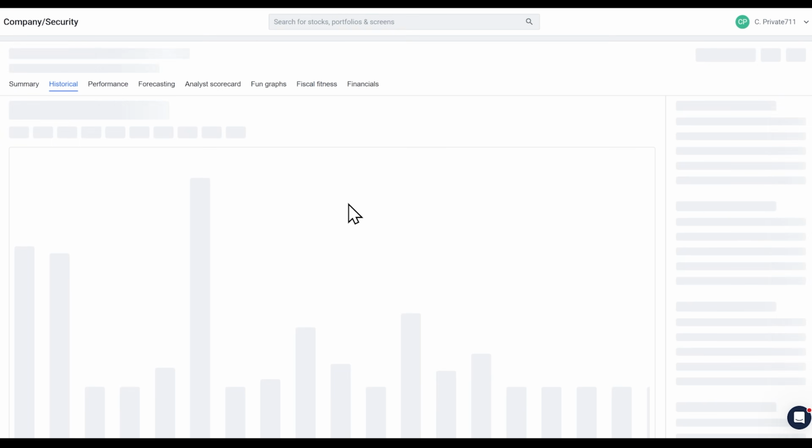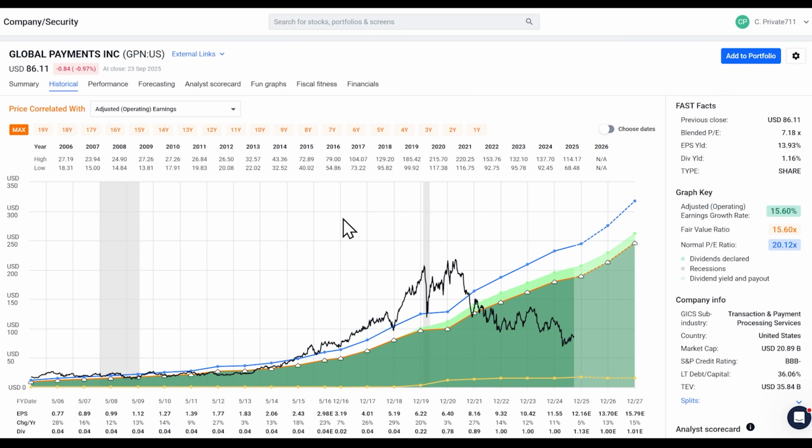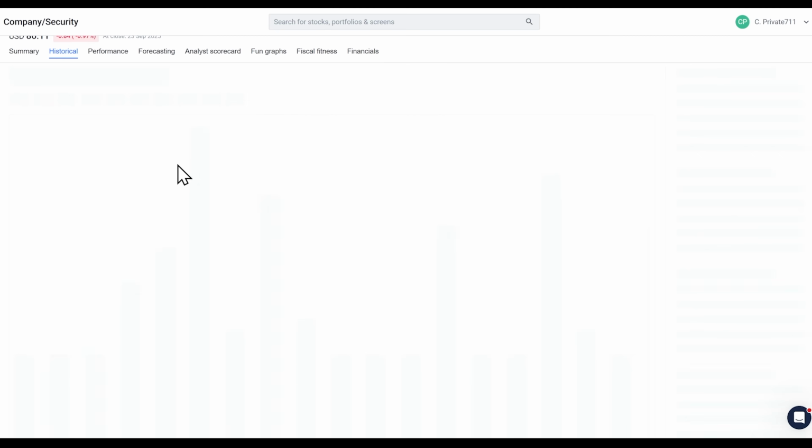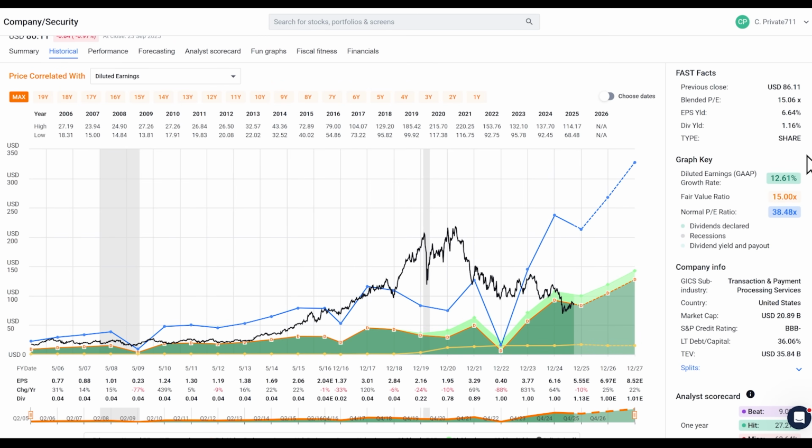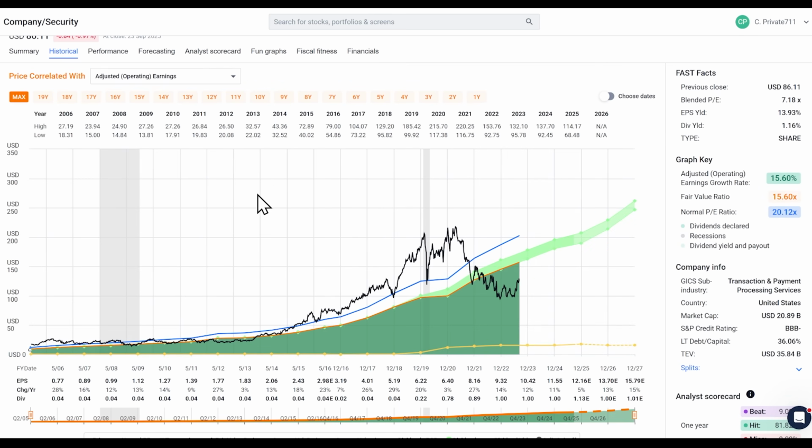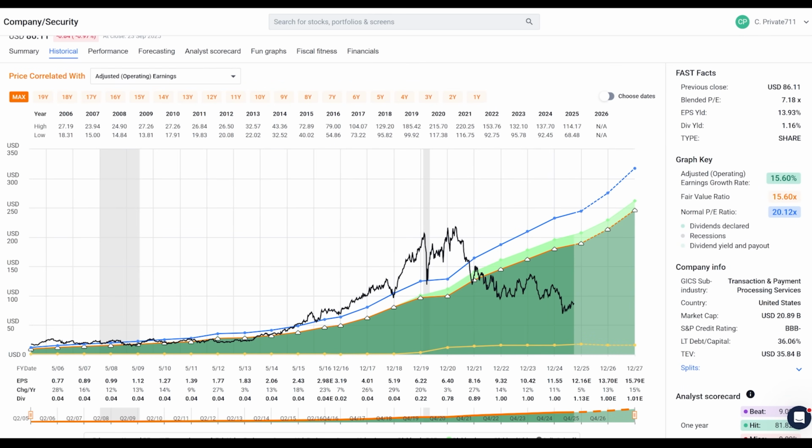When I'm looking at GPN, I'm looking at a company that has diluted earnings that have been somewhat weak, but their blended PE is about 15 times diluted earnings. But looking at adjusted earnings, which are operating earnings, their blended PE is about 7. Okay, so I think we're buying this stock 50% off. In other words, I think it deserves a 15 PE.